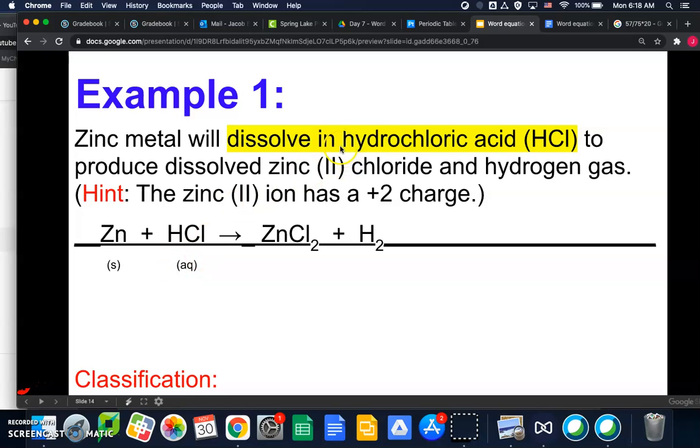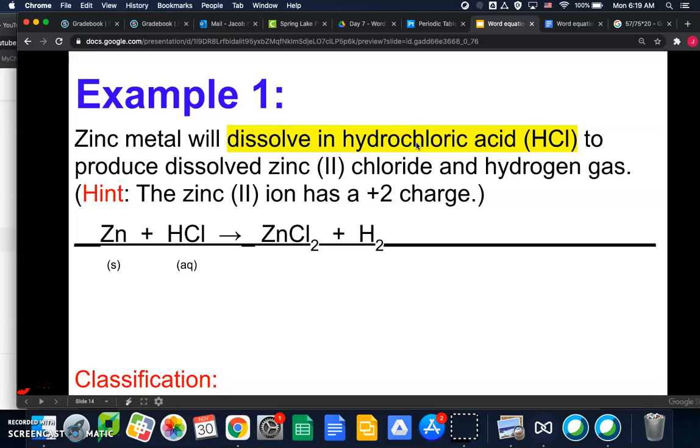Now, theoretically, this could be dissolved in a different substance besides water. It could be dissolved in alcohol or gasoline or a whole bunch of other substances, but for the purposes of this assignment, when I say dissolve, I mean dissolved in water, and so for that reason it's going to be aqueous. If it's something different than water, I'll probably let you know that.